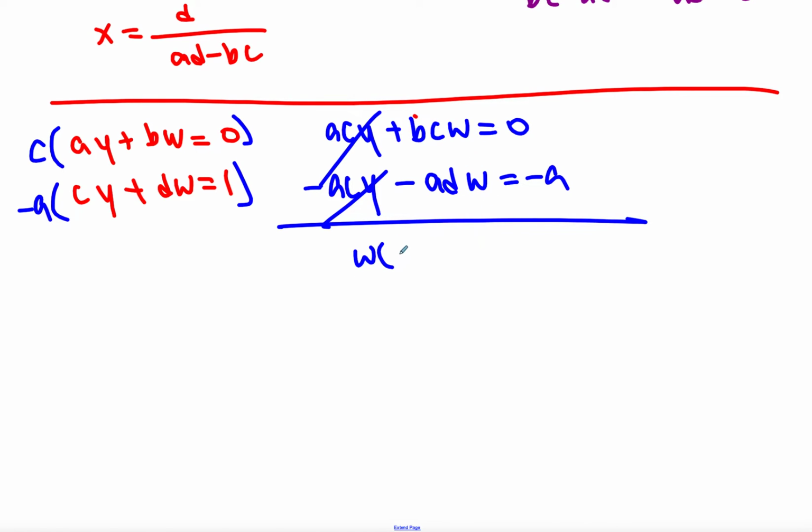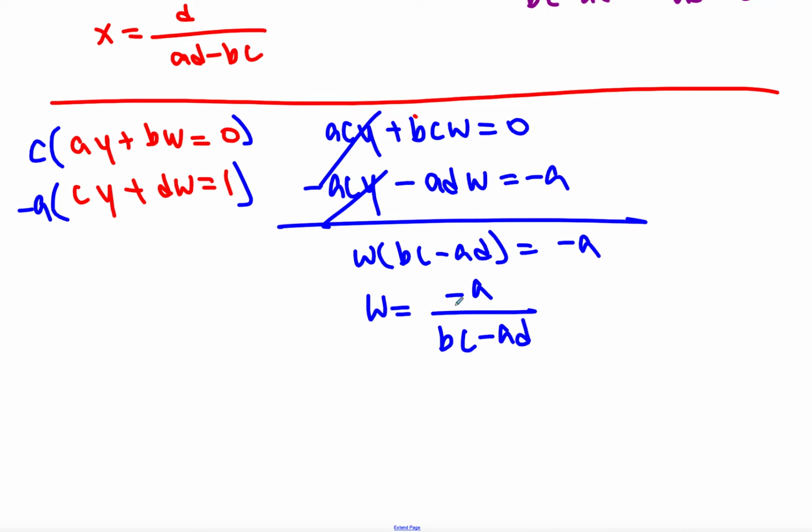So we have BC minus AD times W equals negative A. When I divide by that, we get W equals negative A over BC minus AD. But why don't I multiply top and bottom by negative 1? I should get the other one because I multiply top and bottom by negative 1. So I should be getting A over AD minus BC.